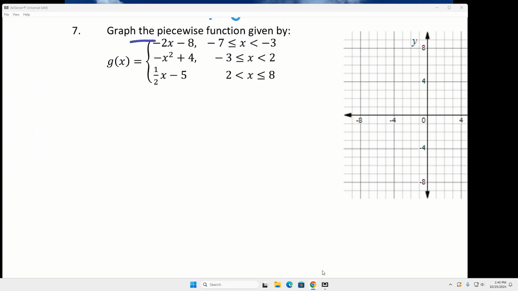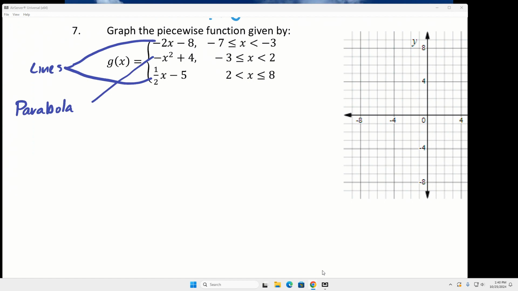Top and yeah. So anytime that the x has a square on it, it's going to be a parabola, or if the square is the largest power. All right, so 2 line segments and 1 parabola section.